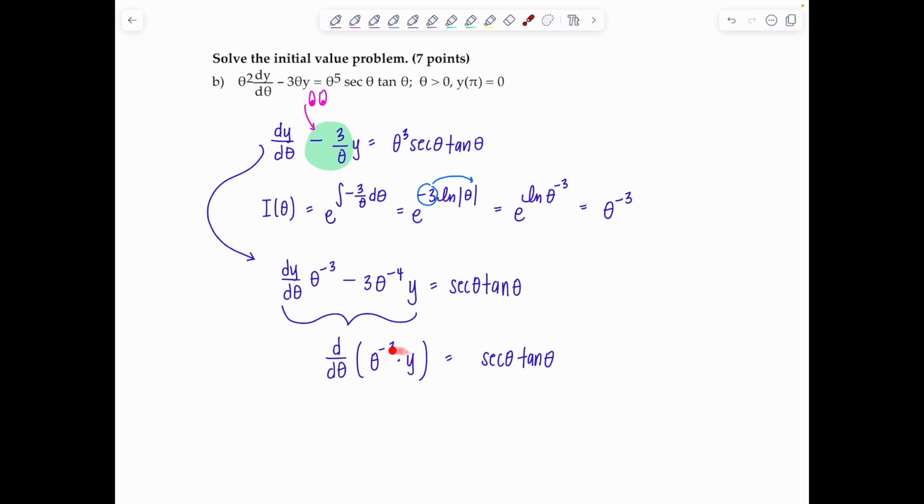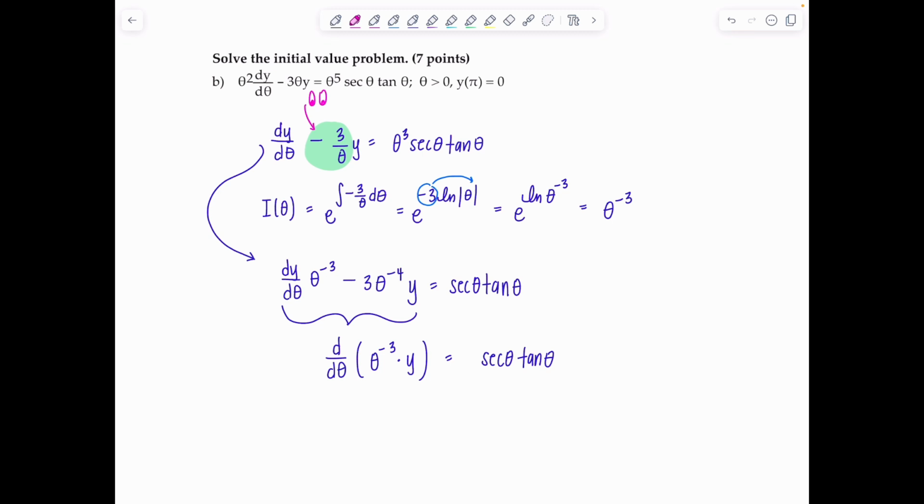So let's see, we have to do the product rule, right, when we take this derivative. So if I left theta to the -3rd alone, took derivative of y, it would be dy d theta. There we go. Then derivative of theta to the -3rd would be -3 theta to the -4th times y. There we go. So that I know I haven't messed up or anything yet.